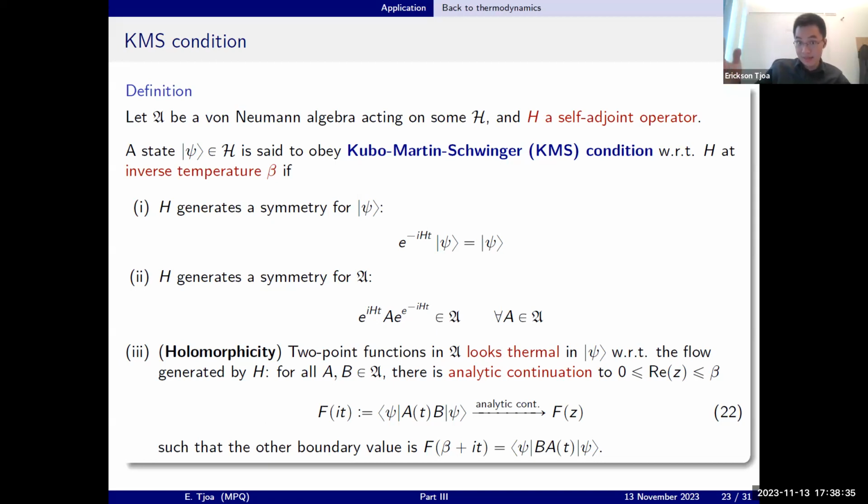That means this state is time translation invariant with respect to this H. Second, H also generates the symmetry of the algebra. That means if you take an element of the algebra, it doesn't bring it outside the algebra. And the last point is that the 2-point function I defined earlier, with respect to this state, can be analytically continued to that strip with the property that if you check the boundary values, they swap. So this property formalizes everything you see in the Gibbs state in finite dimensions, except that you don't need density operators to make sense of this. Okay. So this result is 70 years old.